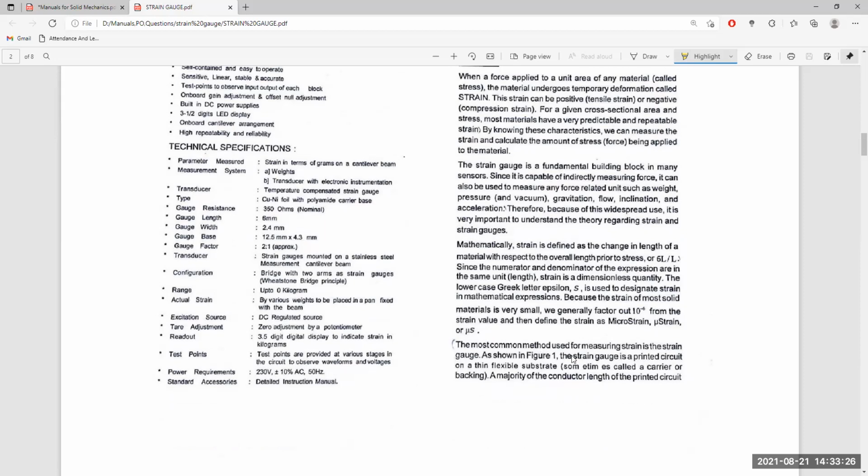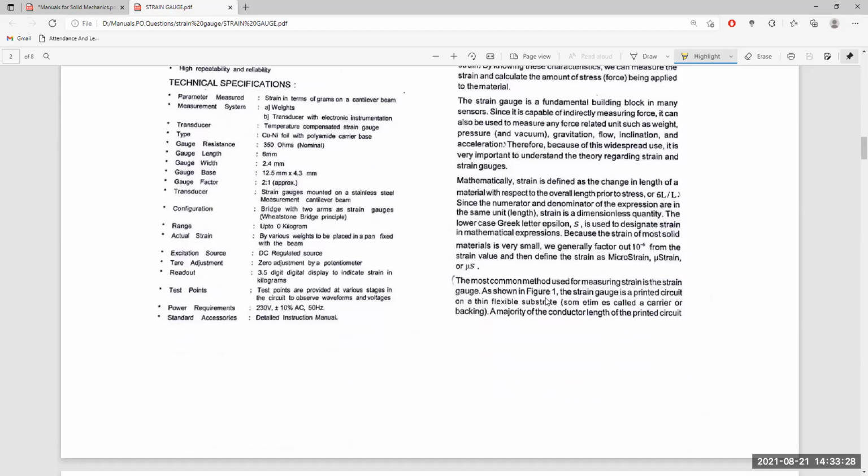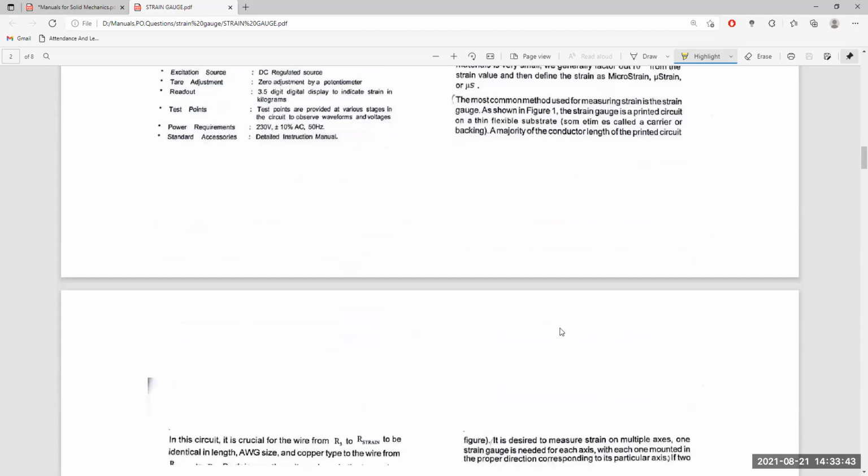The most common method for the measuring of strain is the strain gauge, and the strain gauge is a printed circuit on a thin, flexible backing, the majority of the conductor length of the printed circuit itself.